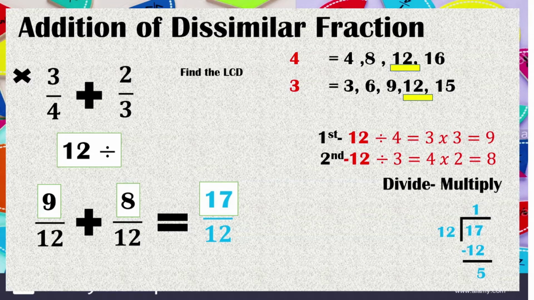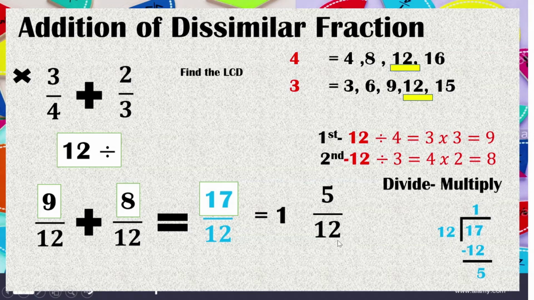So, paano natin siya again isusulat into mixed number? So, since our answer is 1, that is a whole number. Okay, 1. Then, ang remainder is 5, that is a numerator, and the denominator. Katulad pa rin ng dati yung denominator.